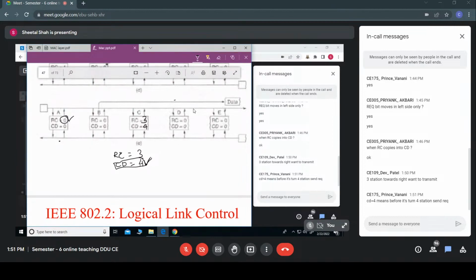So it should not catch hold of the 4 frame cells which are moving. And then when CD becomes 0, it implies that now it's done. After it's done, there are 3 more stations which want to put the data onto the bus. Is it clear?